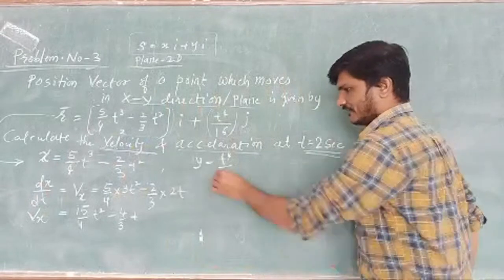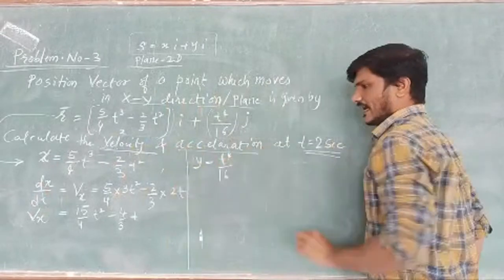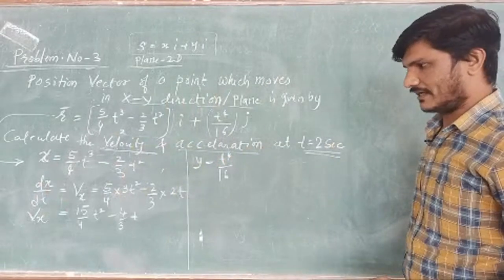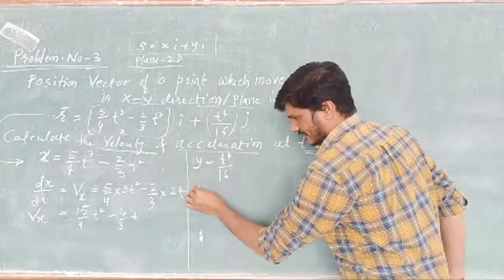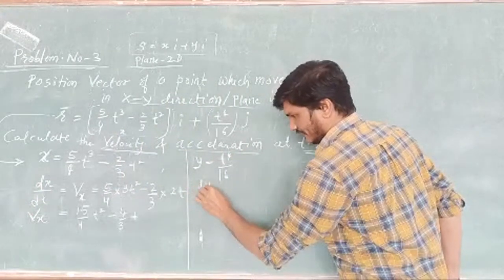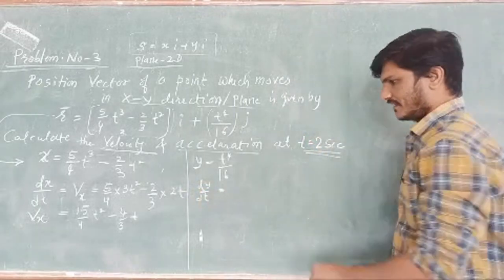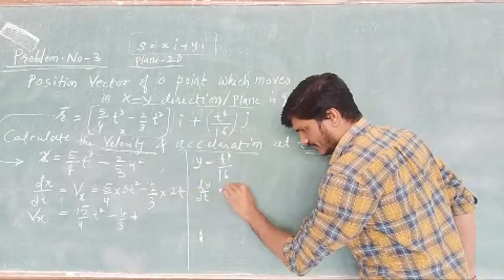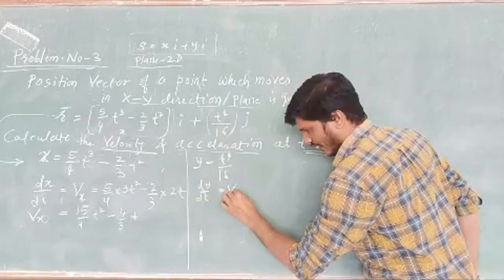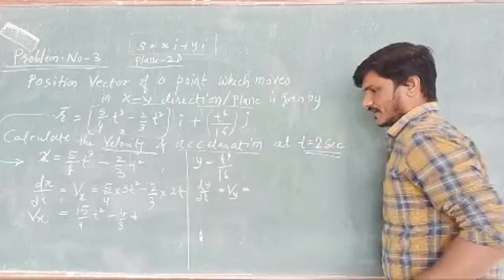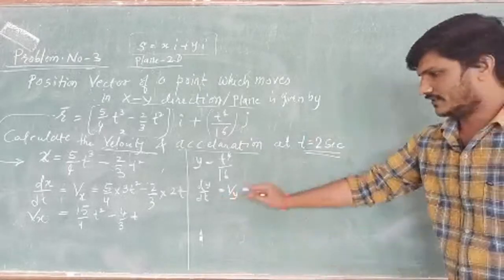Similarly, we will calculate the velocity along the y-axis, that is dy by dt, differentiating the equation with respect to t. I will call this v suffix y, the component velocity along the y-axis.